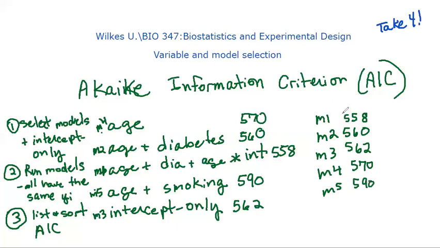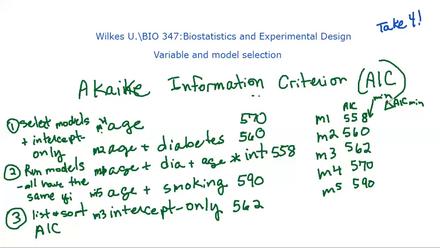So here's our sorted AIC, and this is what we call the minimum. The minimum AIC is this guy right here. Then we want another column, and we're gonna call that delta AIC min.